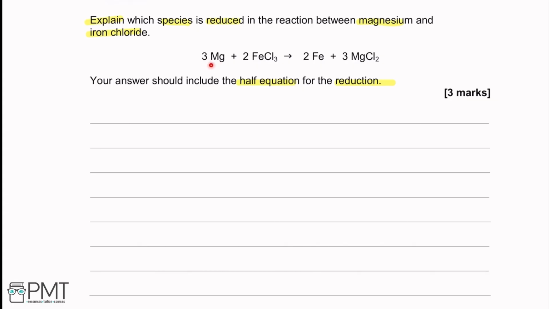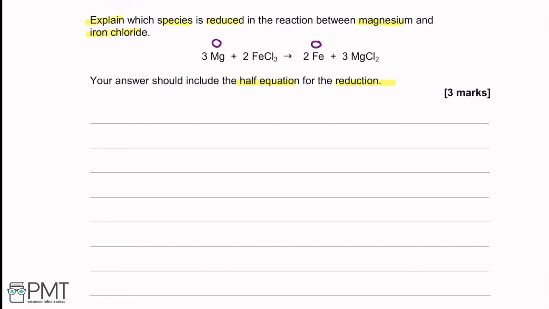So here magnesium is going to have a charge of 0, as is this iron, because they are elements. However, these here, FeCl3 and MgCl2, are ionic compounds, which are made of positive and negative ions, and ions have charge. So, first of all, let's determine the charge of the Cls.